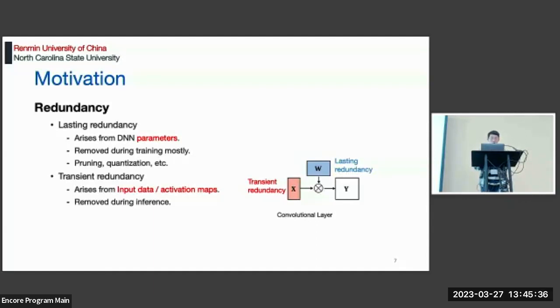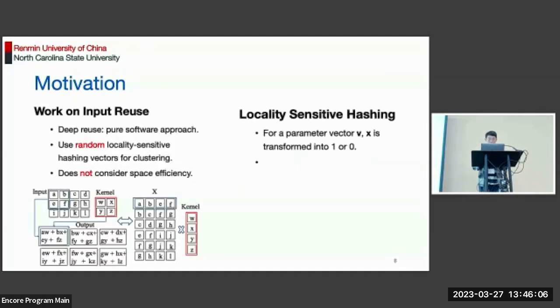Depending on where the redundancy comes from, redundancy in DNNs can be classified into lasting and transient redundancy. Lasting redundancy arises from DNN parameters. It can be detected and removed through methods such as pruning and quantization, while transient redundancy comes from input data or activation maps. It has to be detected and removed in every inference.